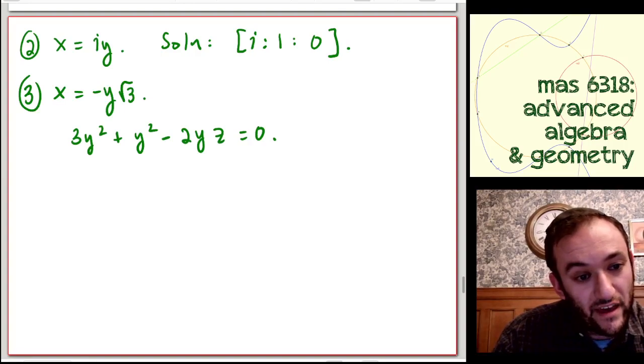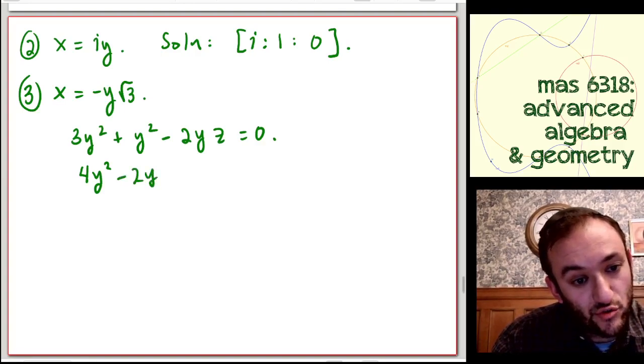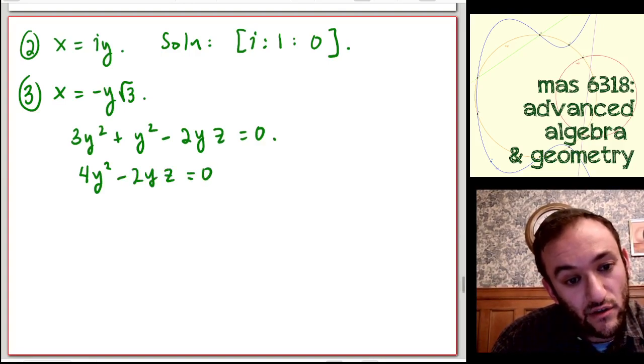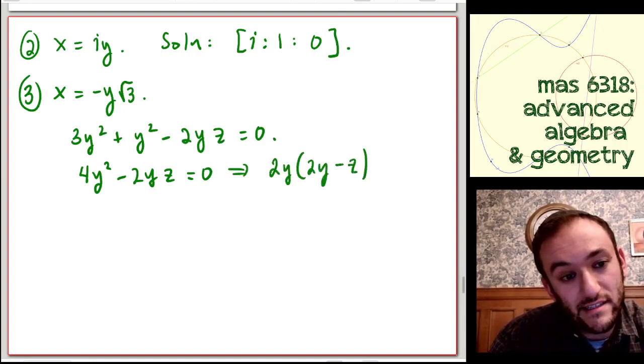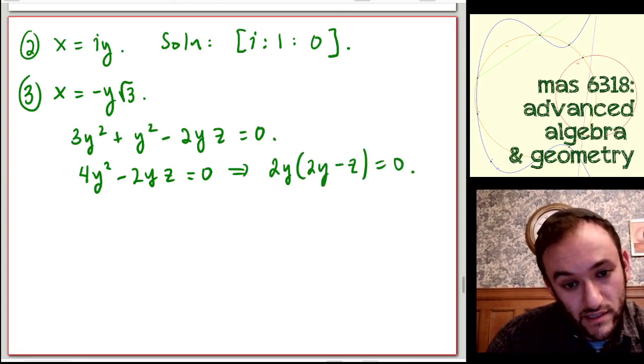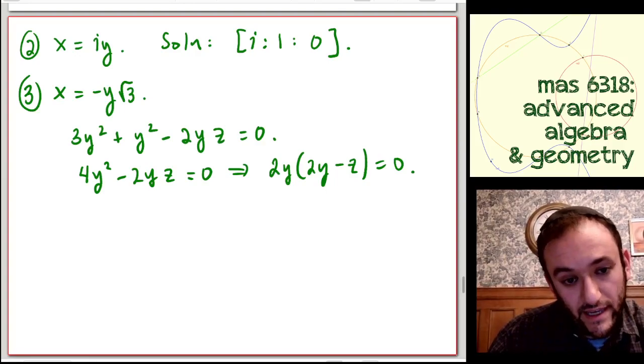So now we have 4y squared minus 2yz equals 0, and we can factor this as 2y times 2y minus z equals 0. Okay, so again, two things are possible.